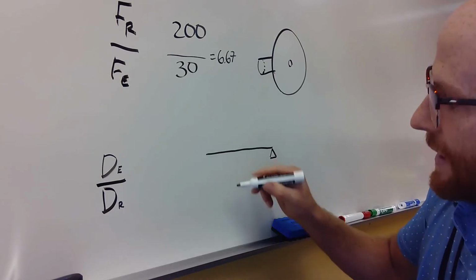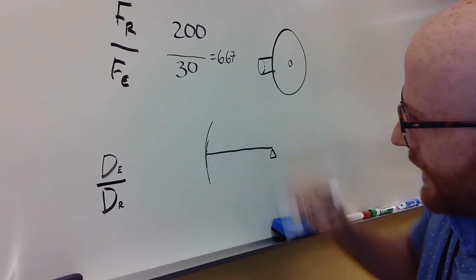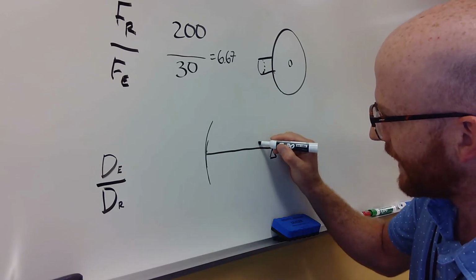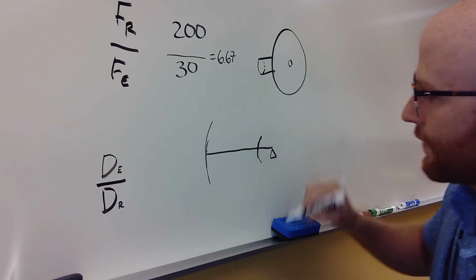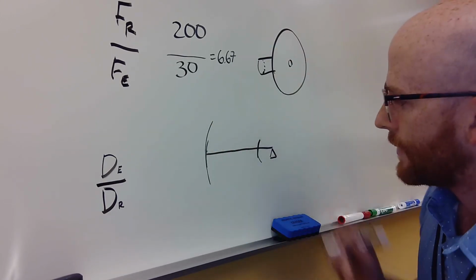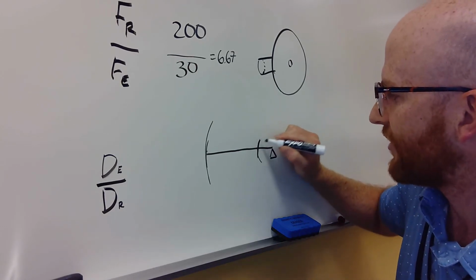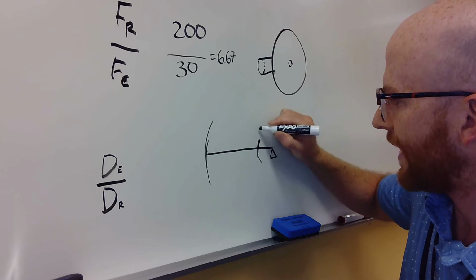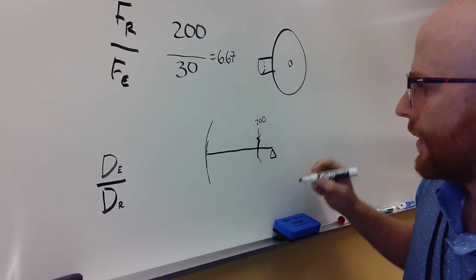This would be the radius of the outside wheel, and this is the radius of the inside wheel. Picture this as a big wheel. This is my resistance, which we know is 200 pounds.